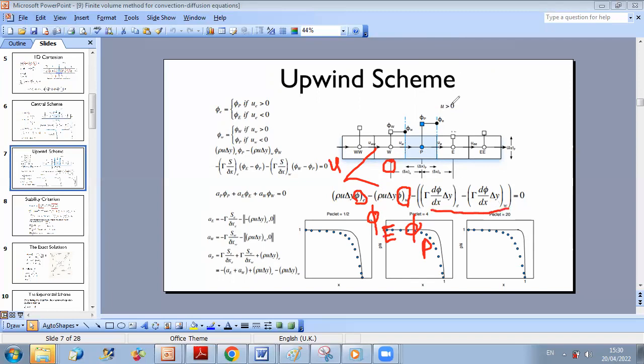I don't care about the direction of the flow. This is computed as delta phi over delta x. And now I can define my coefficients. For each scenario, if u is positive, I get my coefficients. If u is negative, I get another expression of coefficients.